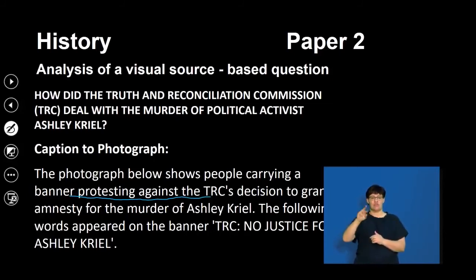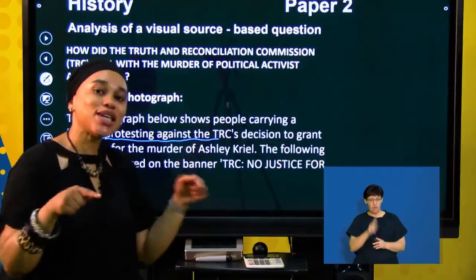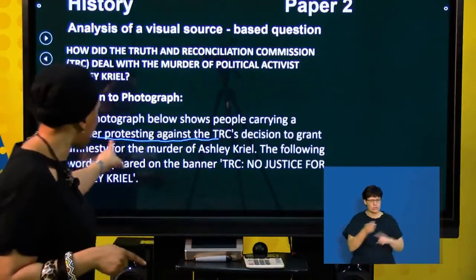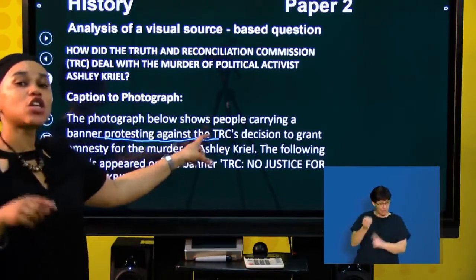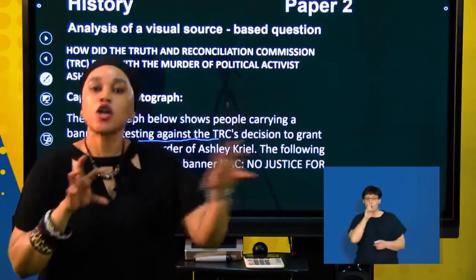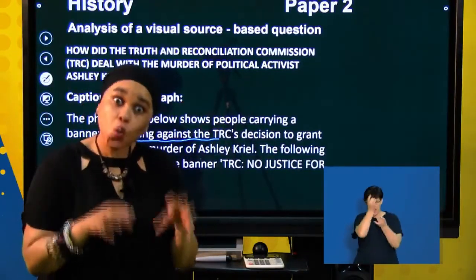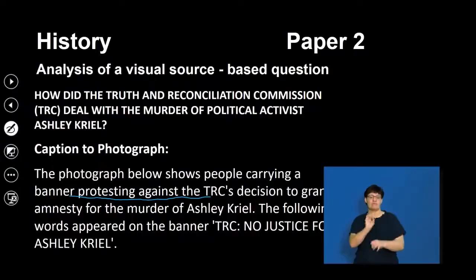So when you're looking at the visual source, you need to see if it really shows that the people are protesting. And then you need to look for the visual clues that show that this was a protest. So let's carry on. The following words appeared on the banner: TRC, no justice for Ashley Kriel.